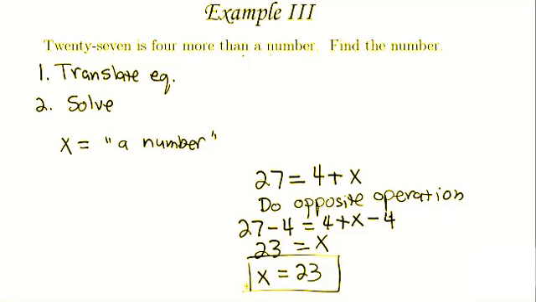So the answer to this problem is x equals 23. After translating the sentence into an equation, I ended up with 27 equals 4 plus x. And then to isolate the variable, to isolate the x, I subtracted 4 from both sides, giving me 23 equals x, which is the same as x equals 23.